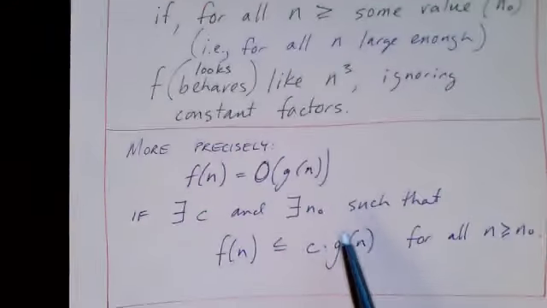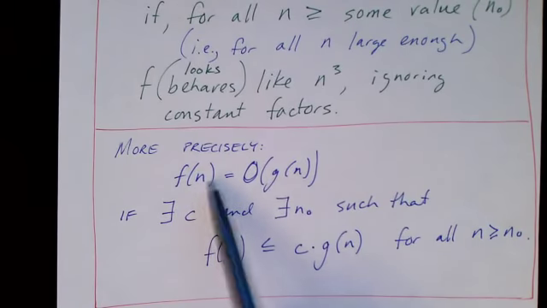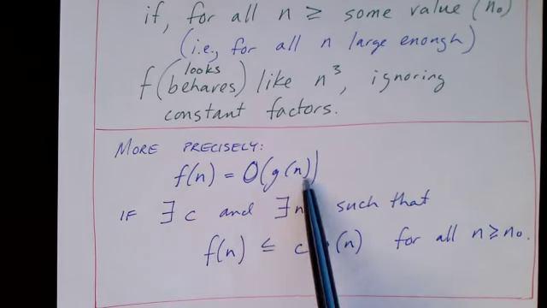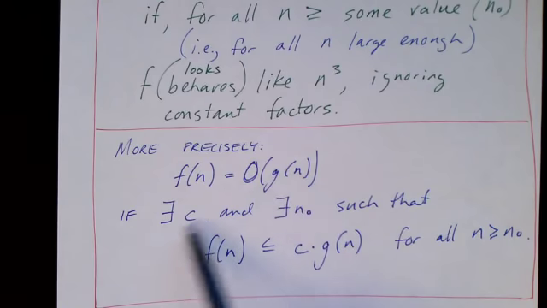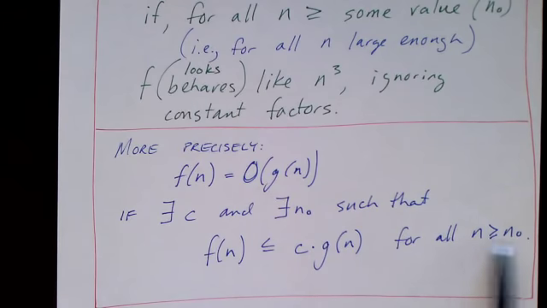Now our more precise definition is here. We say that f of n is order g of n if there exists some c and there exists some n0 such that the function is less than or equal to c times g of n for all n large enough, that is, all n larger than n0.